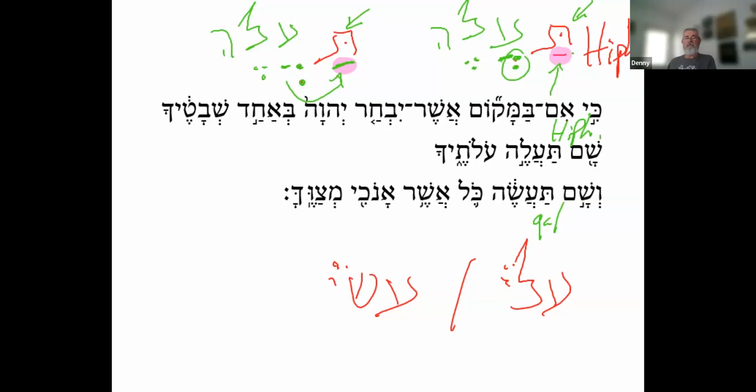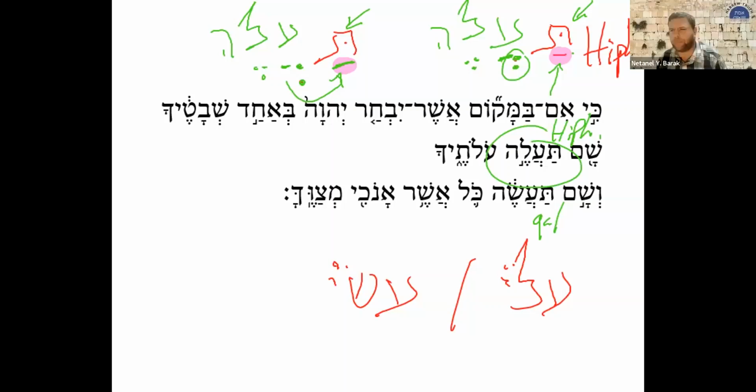Secondly, when you look at ta'aleh, why would you think that this is a Hifil and not a Kal? You make rise your offering. You offer your offering, I guess. Right. But what does it mean? This root ayin lamed yod, alah, is to rise, but it's used as a burnt offering.